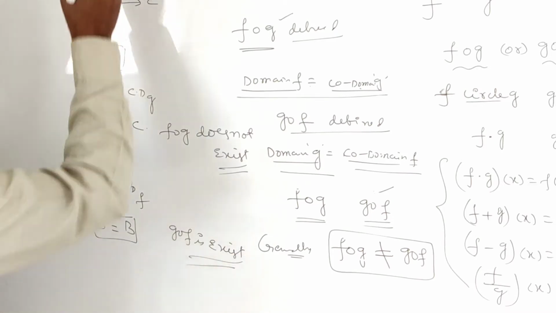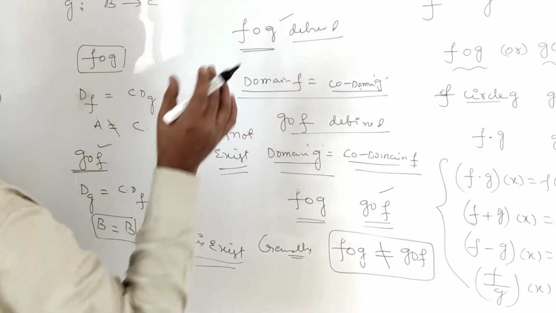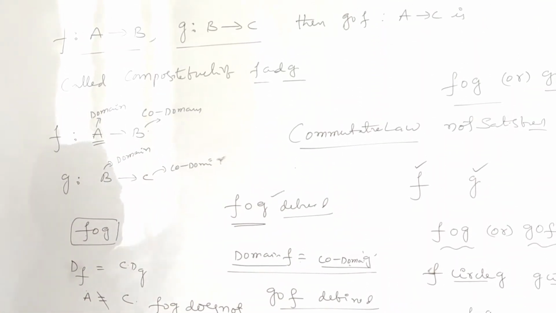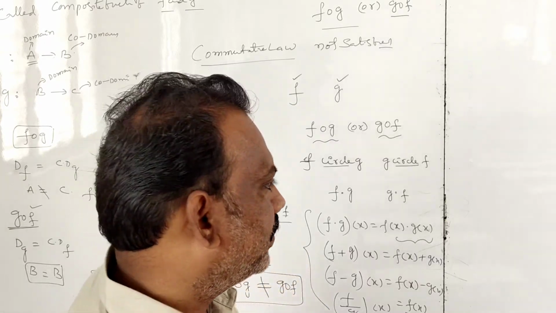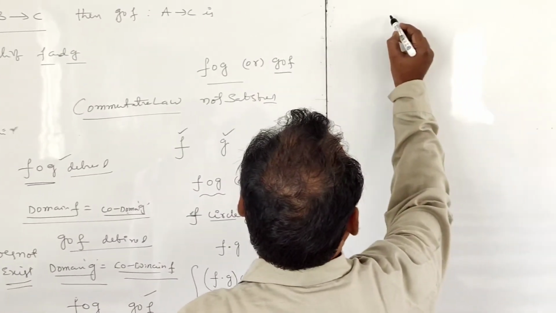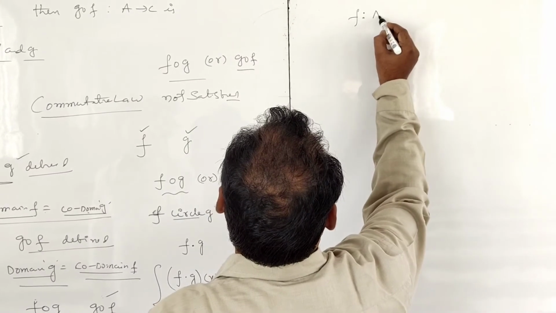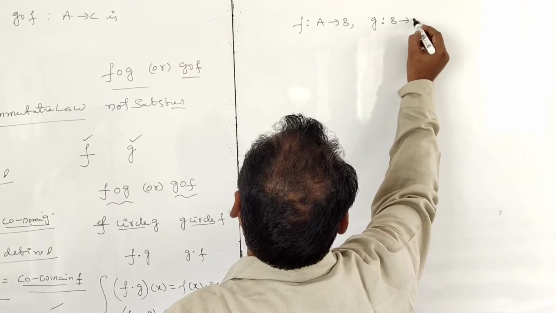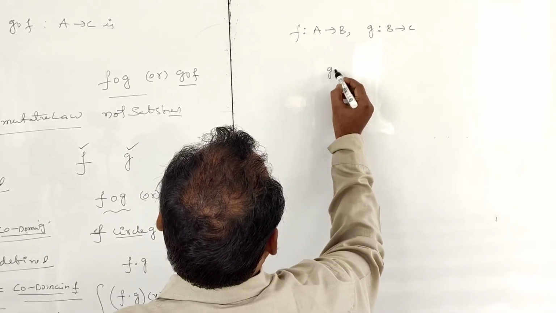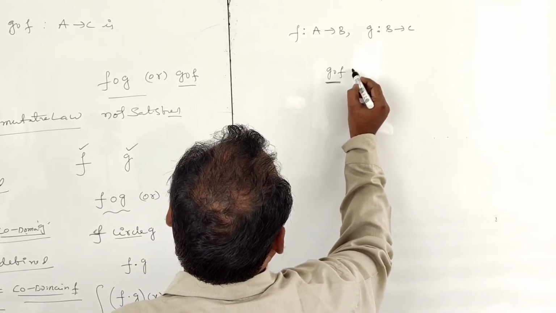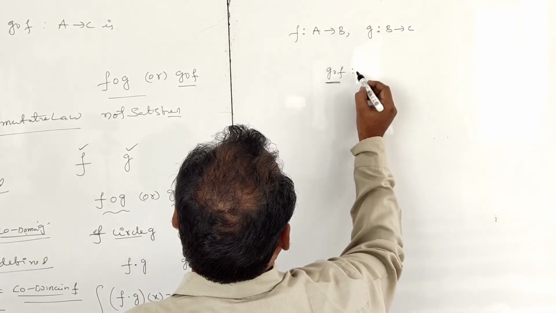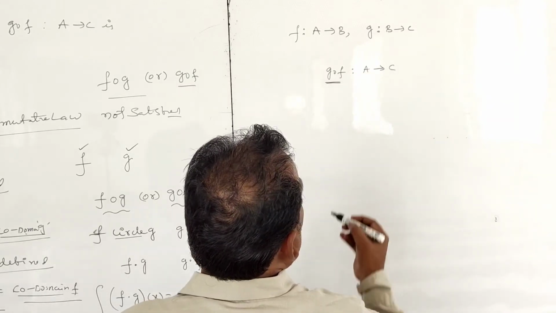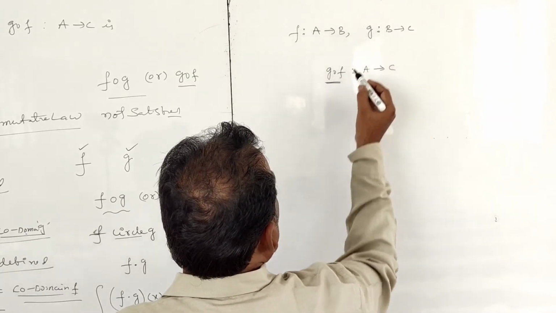So in this case, the composite function of f and g is g circle f. Students, here f is mapping from A to B and the function g is mapping from B to C. In this case only the composite function g circle f exists, mapping from A to C. So what is the composite function of f and g in this case?